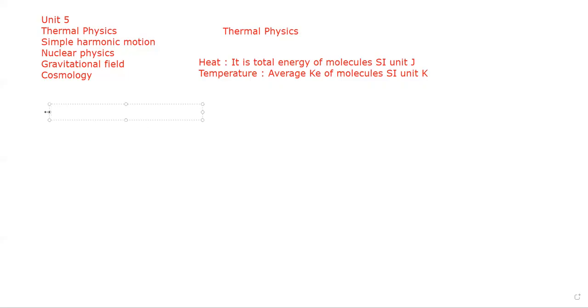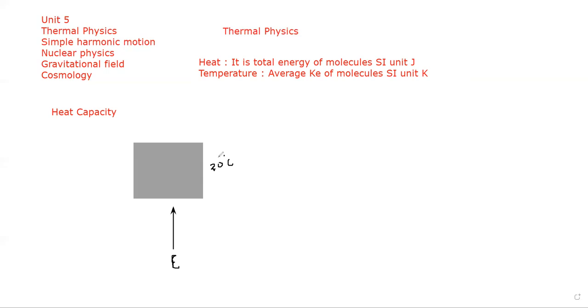Then we define the term heat capacity. What is the meaning of heat capacity? Basically, it is the amount of energy required to change the temperature of a given substance by 1 degree centigrade or 1 Kelvin. For example, you're supplying heat energy, denoted by E. The initial temperature was 20 degrees.